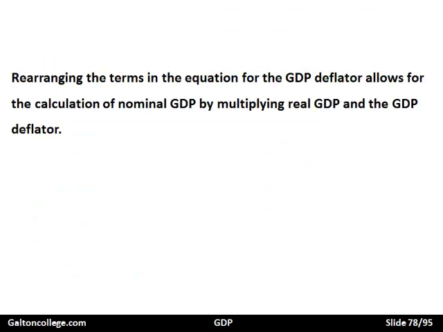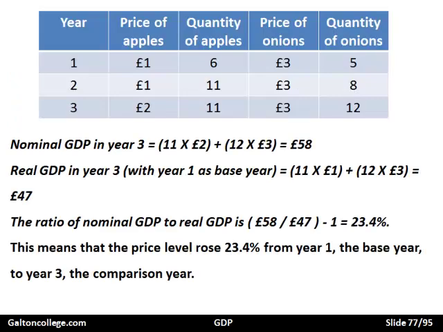Rearranging the terms in the equation for the GDP deflator allows for the calculation of nominal GDP by multiplying real GDP and the GDP deflator. So if we look at how we worked out the GDP deflator, we can work out real GDP or nominal GDP if we know the deflator. We've got an equation in effect. Let me go back to the previous slide.